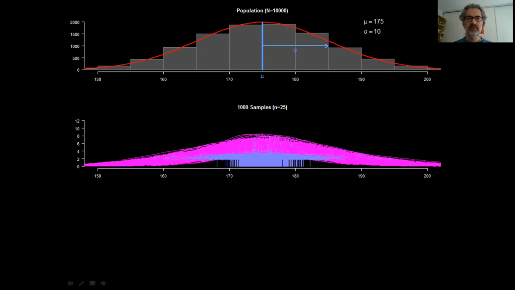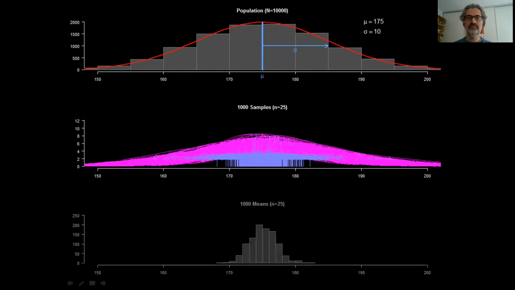Let us create a histogram for all those means. The histogram of the means of samples of size 25. That's it. This is the observed sampling distribution for our 1,000 means.